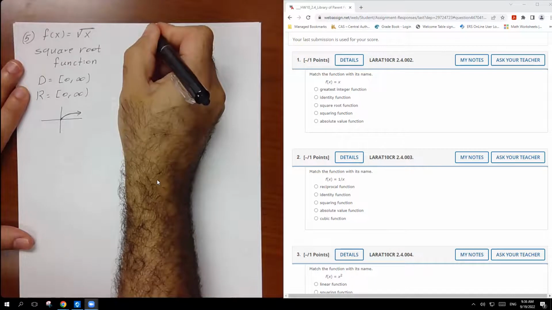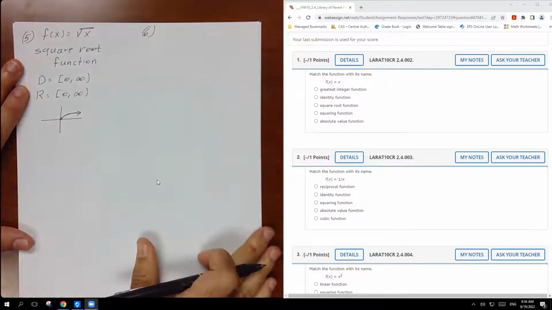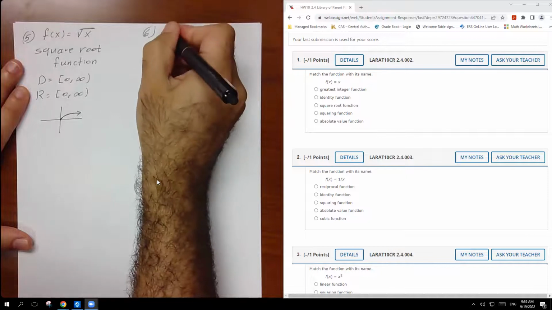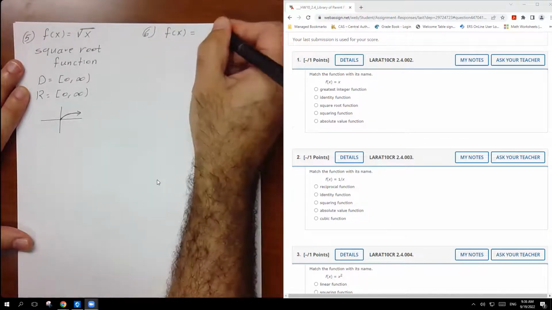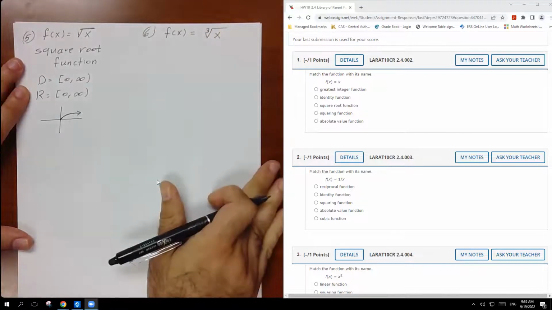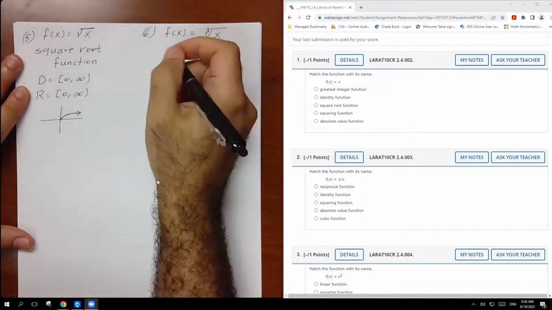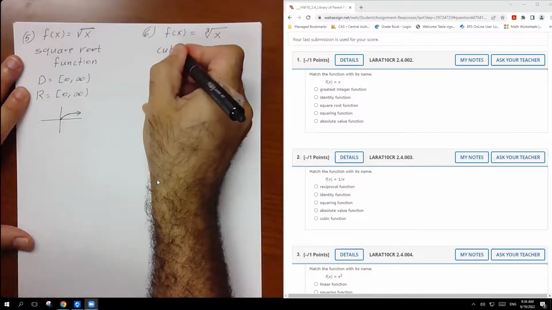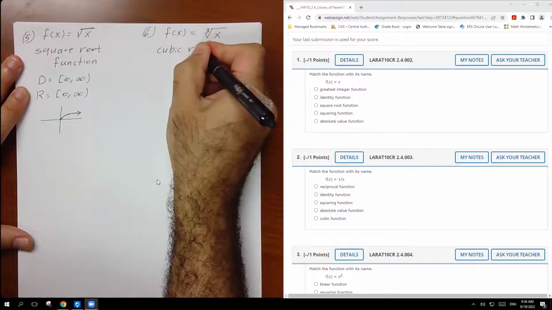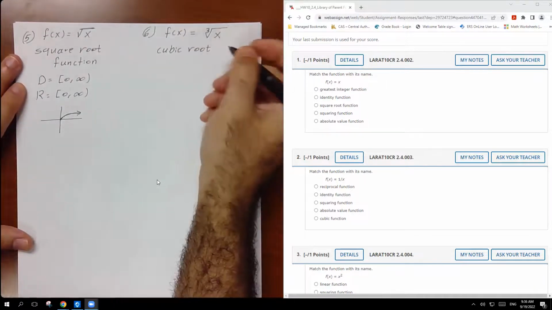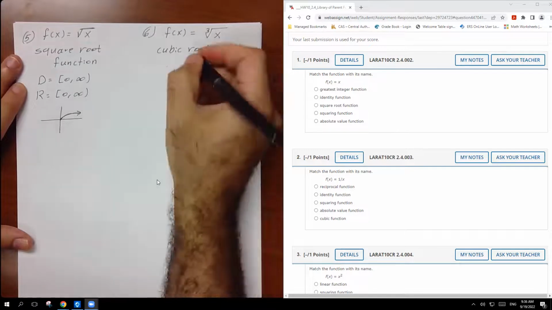Number 6, let's do f of x equal the cubic root of x. So this one is called cubic root function. Cubic root, there is difference between this function or cubic function. This is a cubic root.